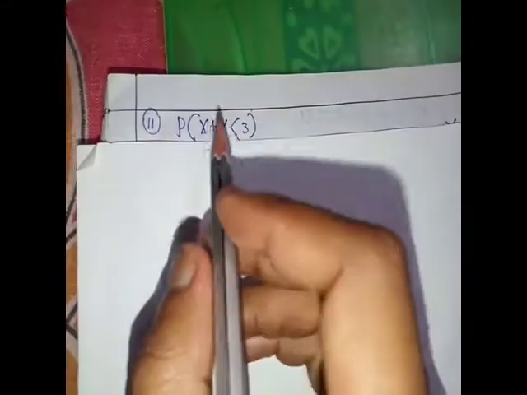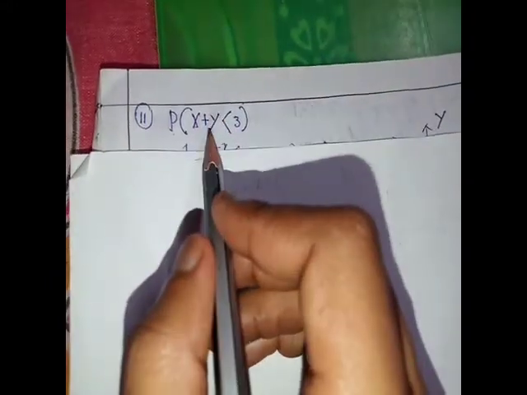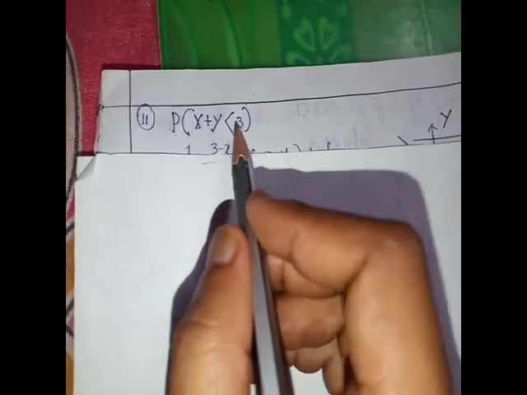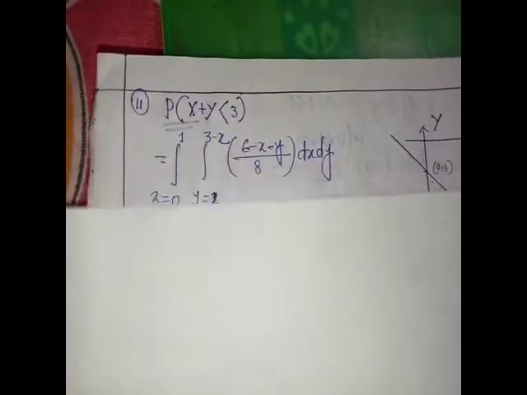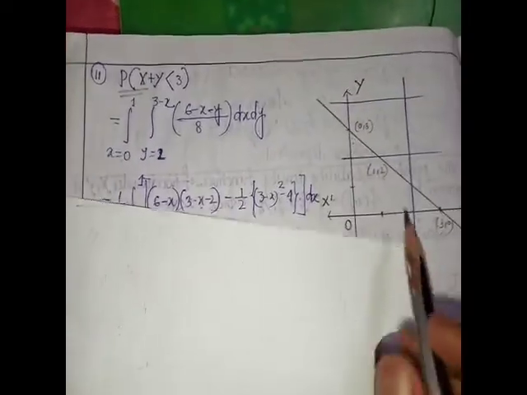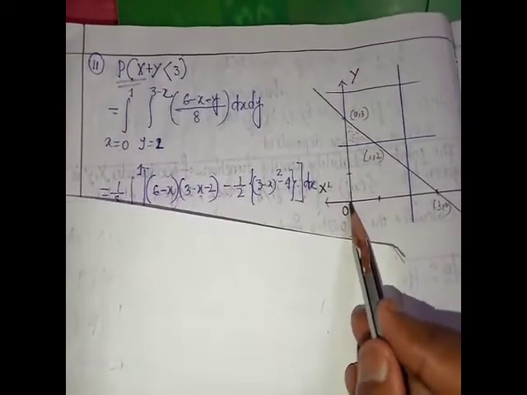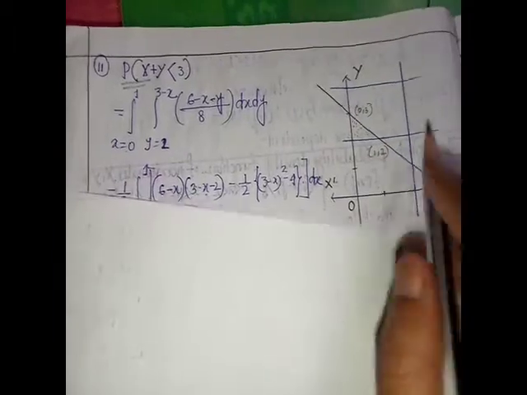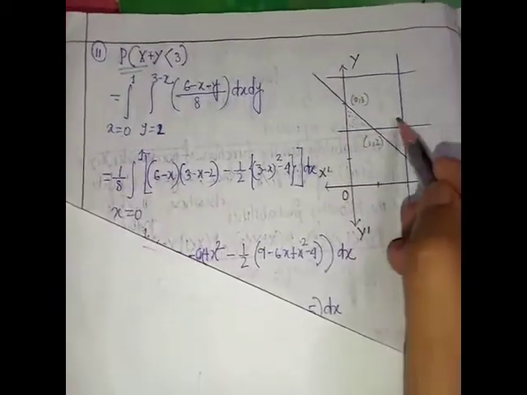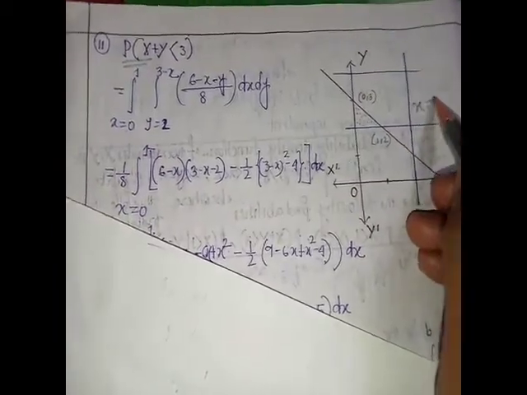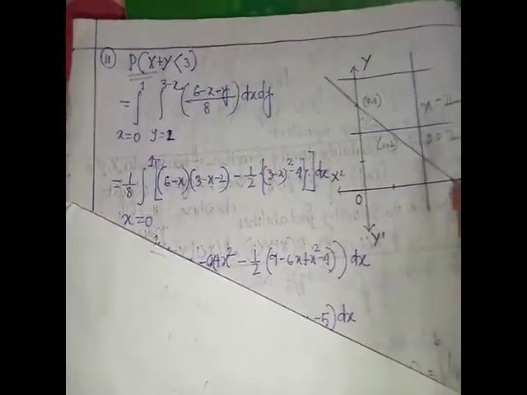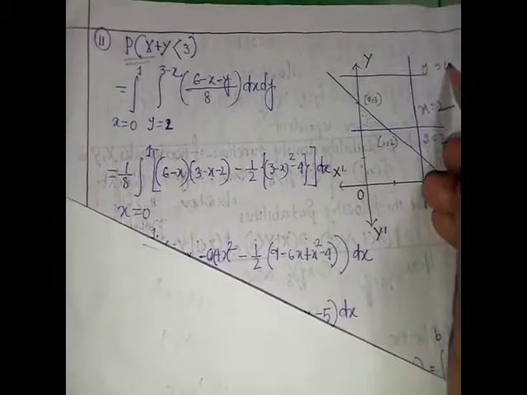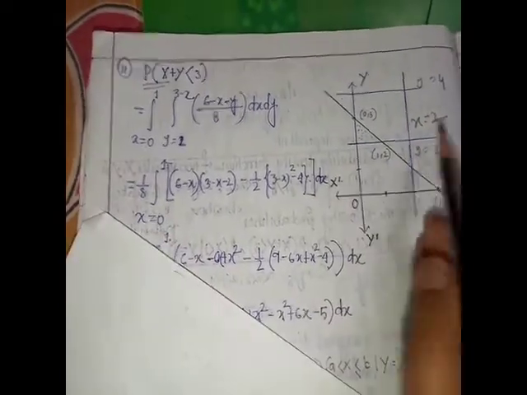Second part, the second question: probability of x plus y less than 3. First we draw this picture. This is 0, this is 1, this is 2, and this line is x equal to 2. This line is y equal to 2, and this line is y equal to 4, from the definition of f of xy.